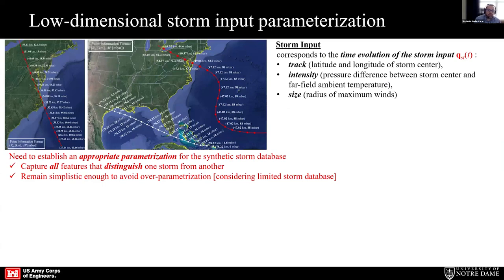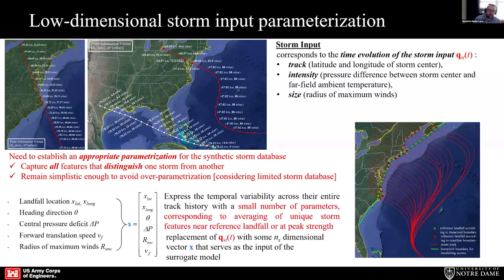So with respect to the storm parameters, it's very important to have an adequate parameterization of the storms in order to characterize the significant differences between storms, but this parameterization also needs to be simple enough to avoid over-parameterization. In our case, we accomplished this by using a relatively small number of parameters.